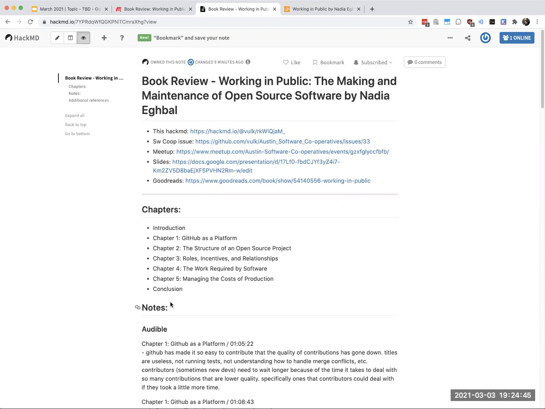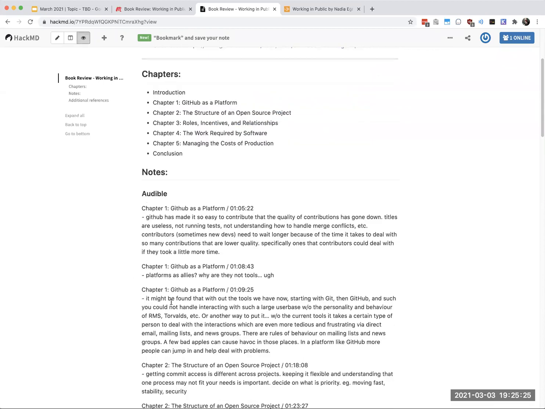Structure of open source projects, so different types, and then how do you maintain them, or what are the different roles and incentives, motivations behind both the projects, how they're run, the people involved, and the relationships between all the people, and then the work required for the software, not just the code, but the projects themselves. And then how do you manage the cost around all of that. They say production, but there's also all the other hidden cost. So, going right in.